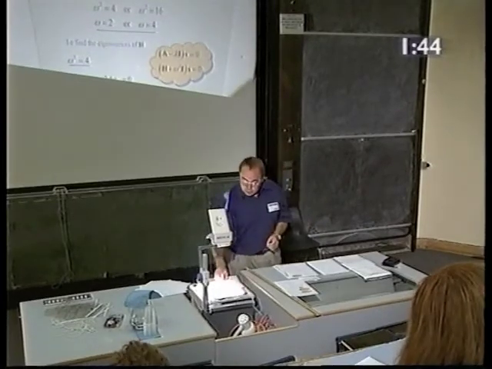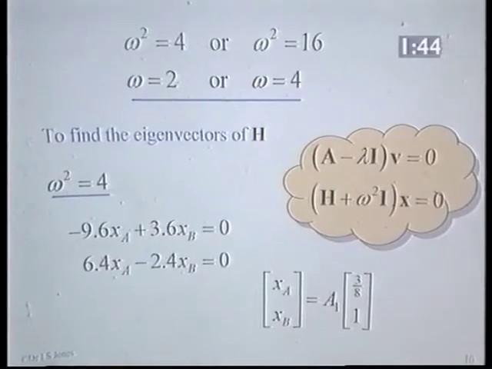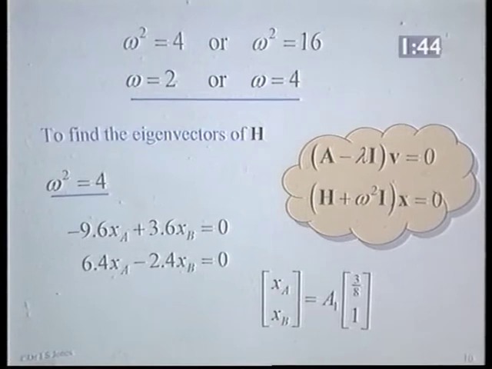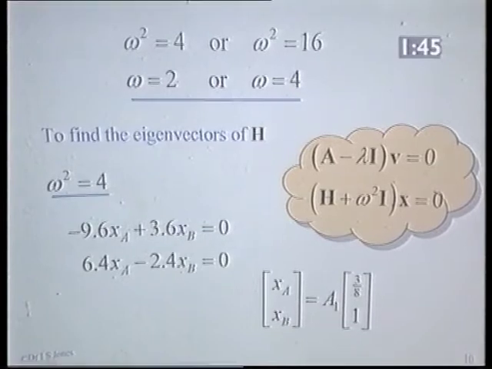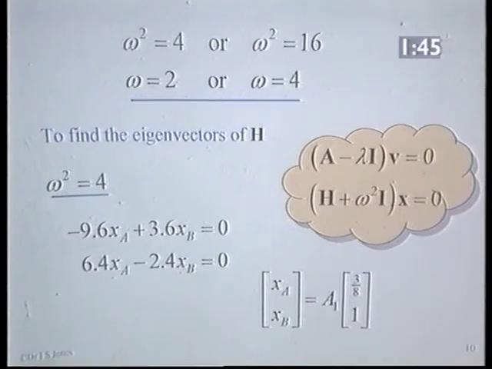If we consider omega squared equals 4, we have to solve the homogeneous equations A minus lambda I times v equals naught, which in our case is H plus omega squared I times x equals naught. So if we put those in, there's H plus omega squared I, that matrix there. With omega squared equals 4, I get a minus 9.6 there, and here it will give me minus 6.4 plus 4, which is minus 2.4.